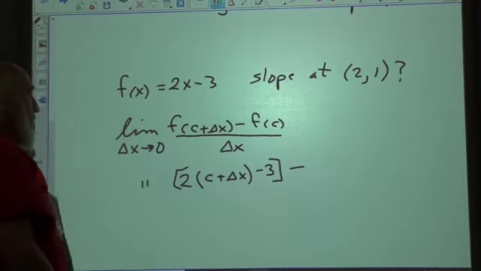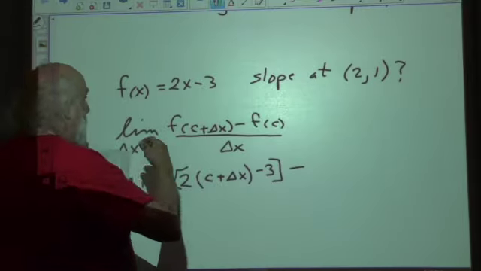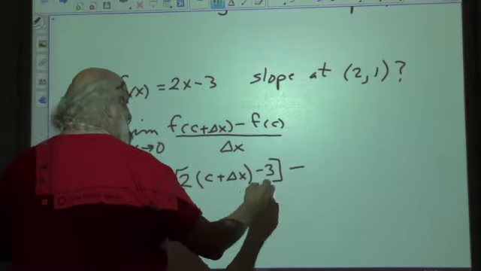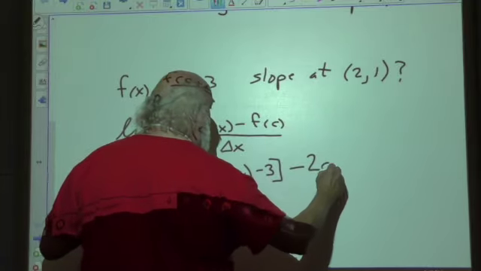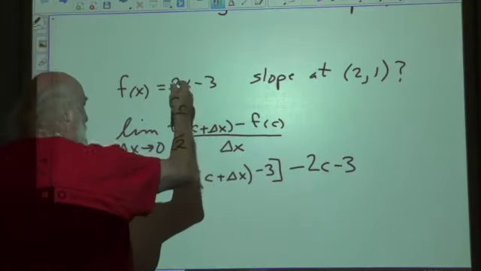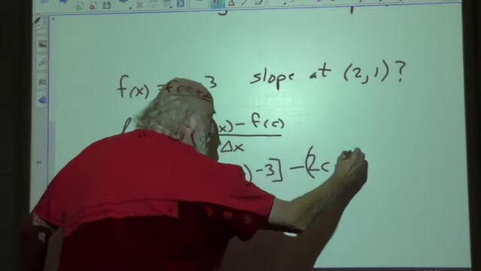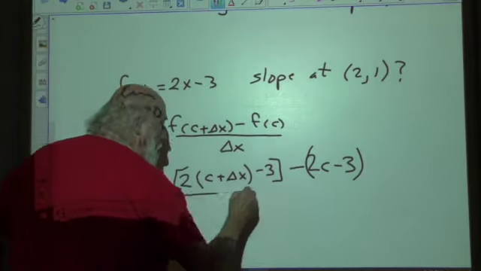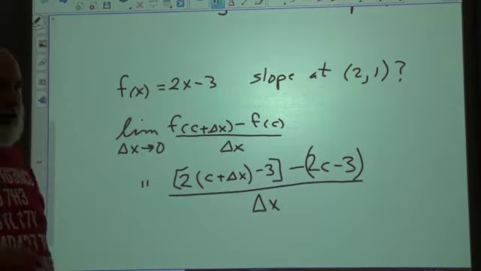Minus, then f of c is just going to be 2c, rather. So this is going to be 2c minus 3. We're plugging the c in for the x, and we get 2c minus 3. Put that in parentheses over delta x.